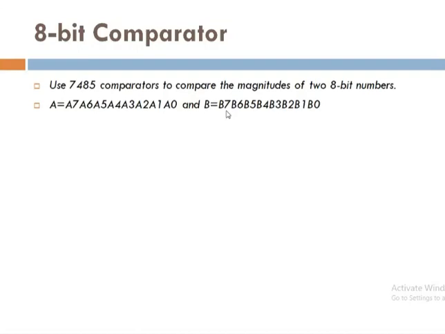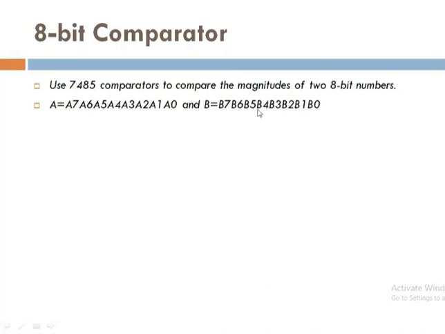So the 7485 IC will compare the next bit, that is, it will compare A6 and B6. In that case, suppose A7 is 1 and A6 is 0, all the rest are 0, and B7 is 1, and B6 is again 1, and the remaining bits are 0.